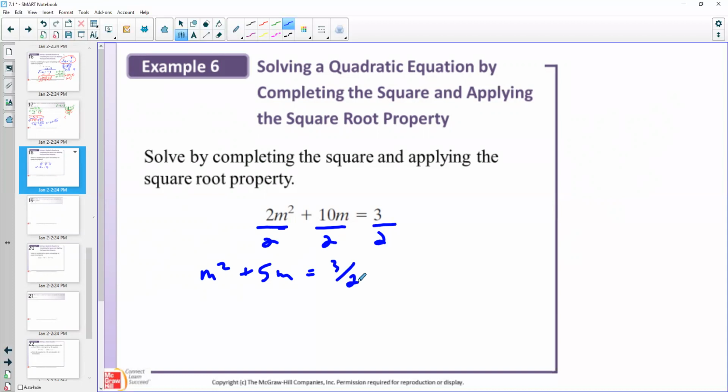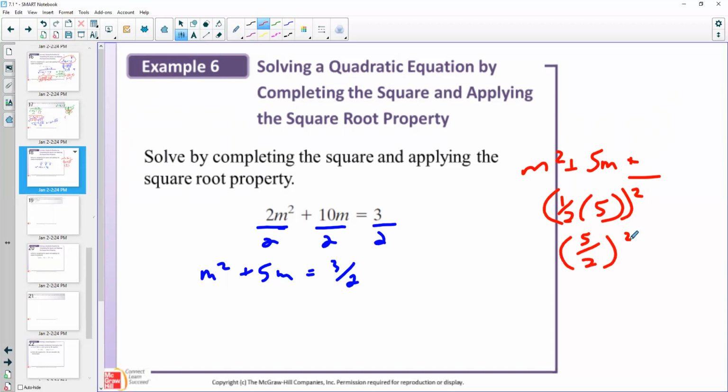But now I'm in a position to complete the square, so I'm going to go off to the side. m squared plus 5m plus something. So half times 5, squared, gets me 5 over 2 squared, which gets me 25 over 4. That's what I'm adding to both sides. Plus 25 over 4.